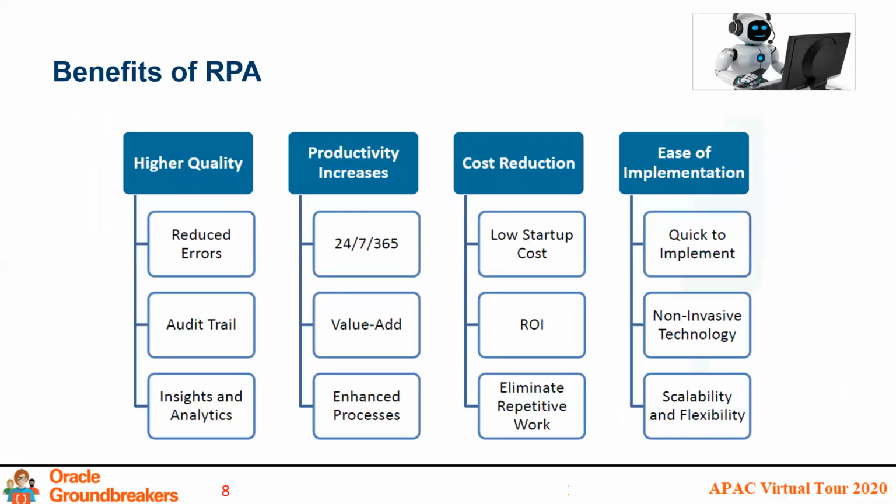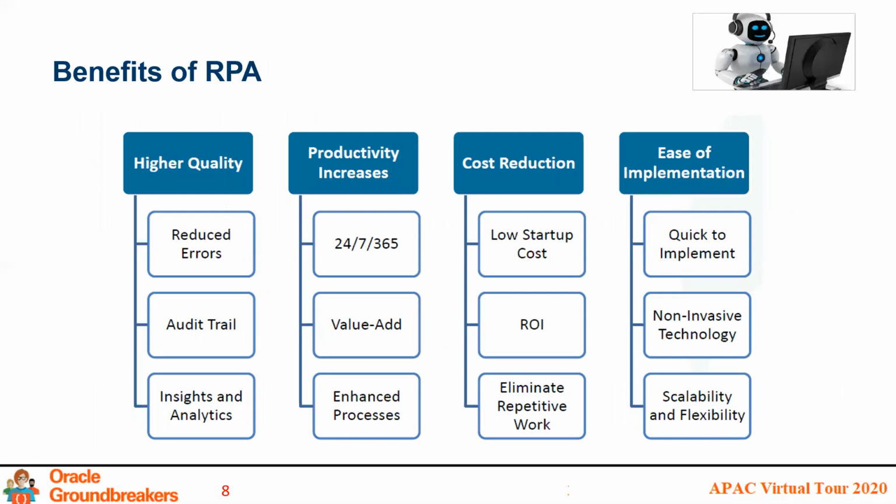Benefits of RPA: higher quality. It improves the data quality. It has an audit trail, and you can run some analytical reports also. Productivity increases, the reason being we can run the bots 24/7, 365 days. It adds value and enhances the process, and increases customer satisfaction.